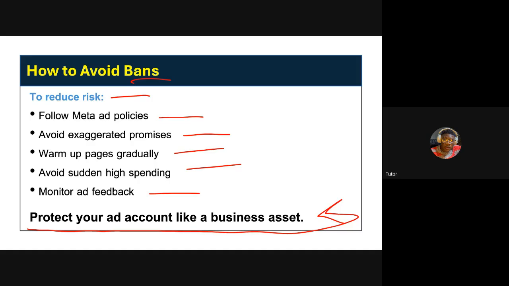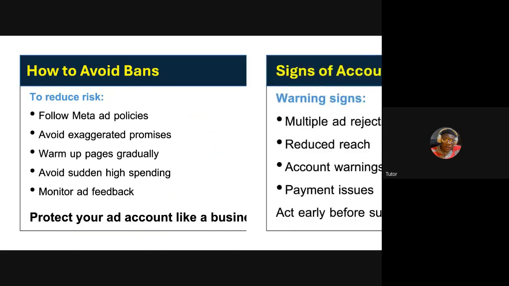Okay? Your ad account serves as the door leading to your shop. It serves as the juju that attracts customers to your shop. Let me just put it that way. So you must treat it well, you must protect it and avoid bans.